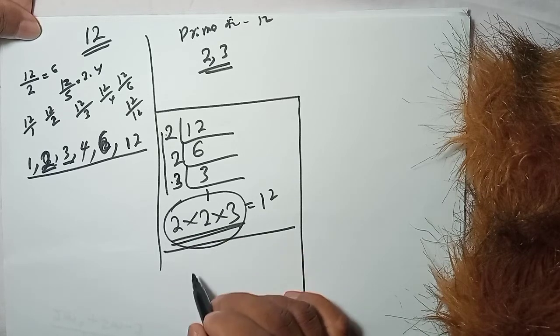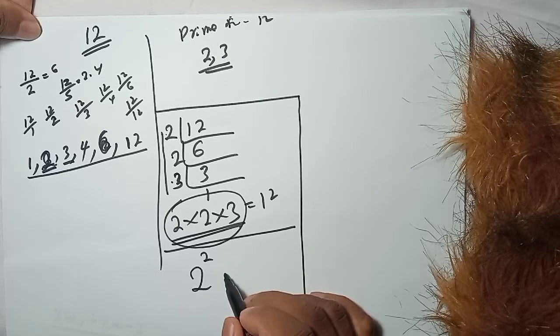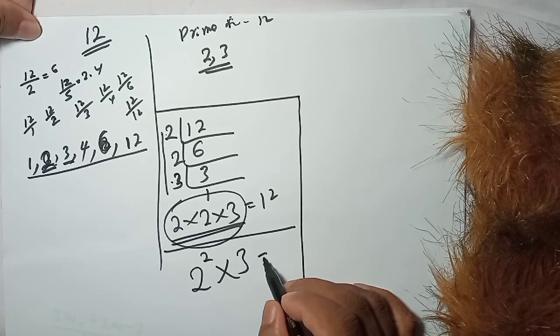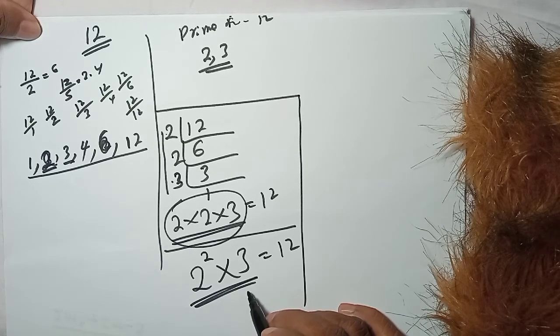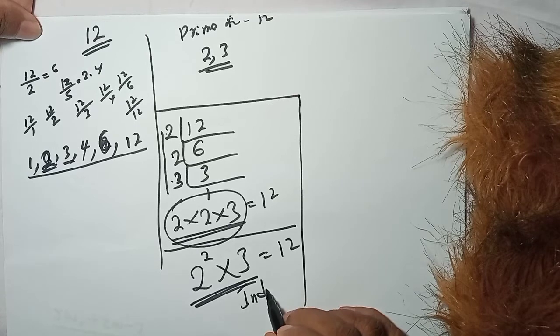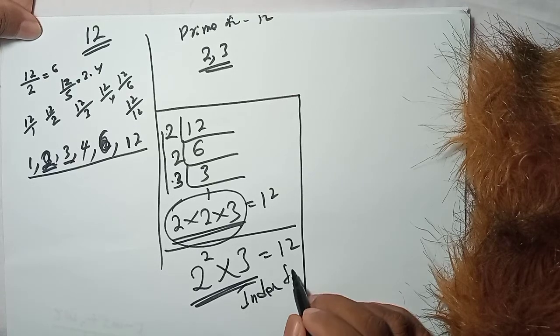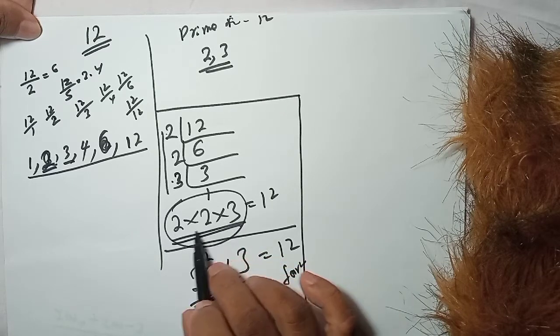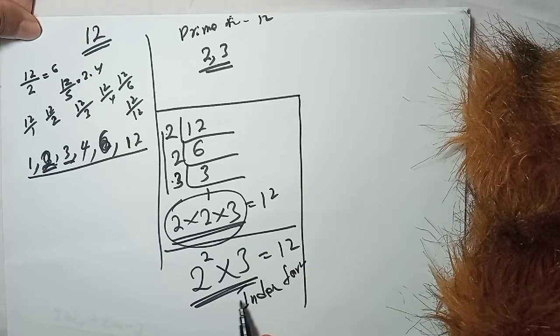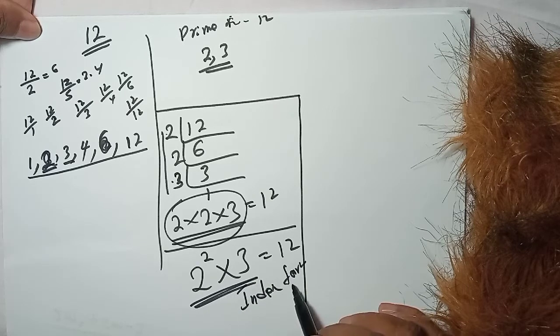How? 2 into 2 can be written as 2 to the power 2, into 3. This is the index form. This is 12 as a product of its prime factors in index form.